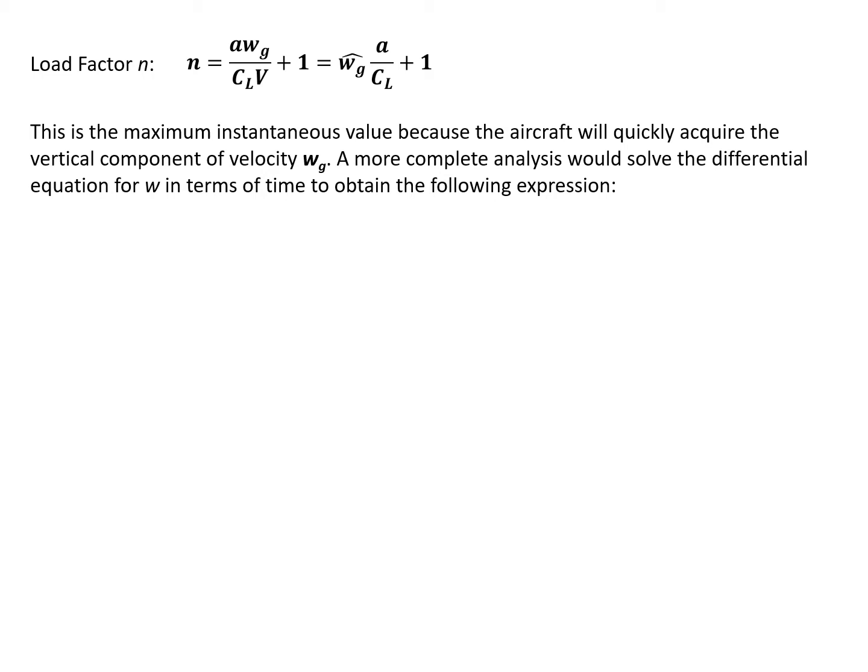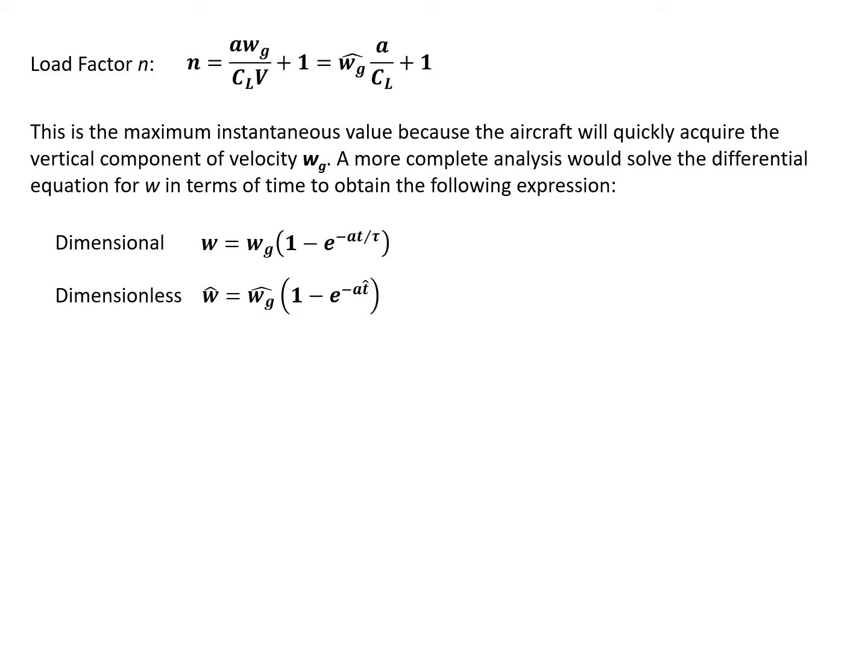And a more complete analysis will solve the differential equation for the vertical velocity w in terms of time to obtain the following expression. So if we want to study it in a complete fashion, we need to solve a differential equation, and then we're showing the solution for that differential equation here.